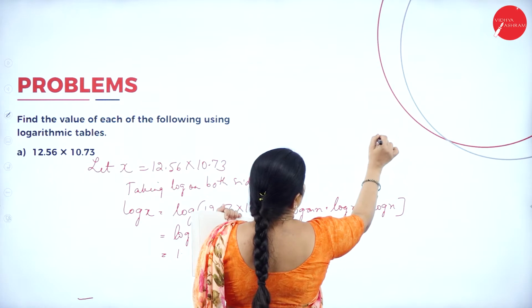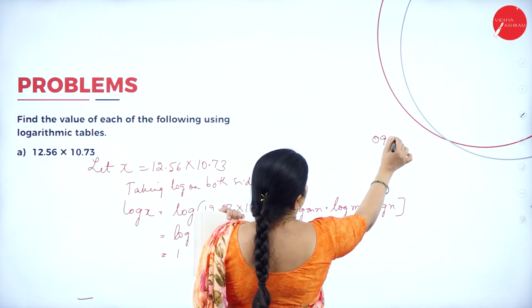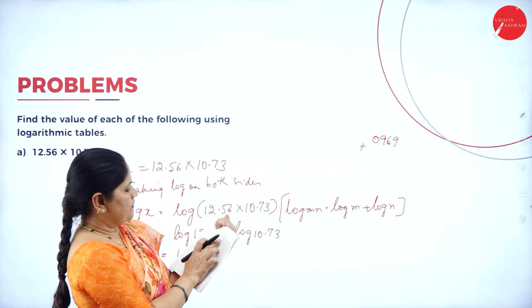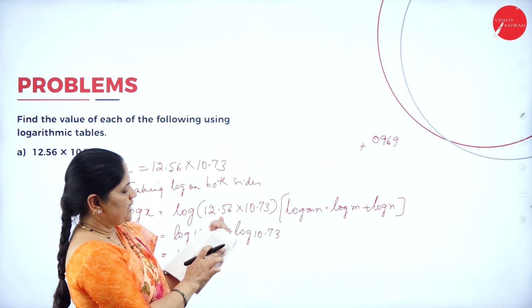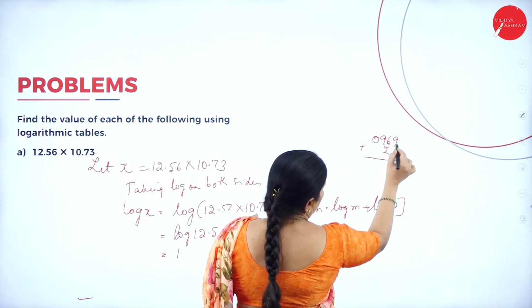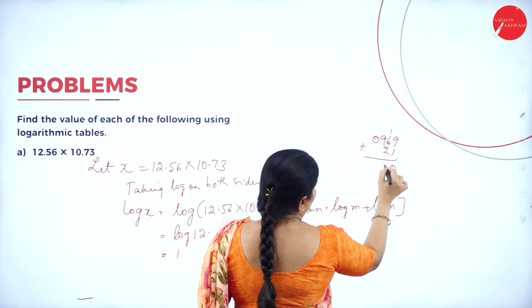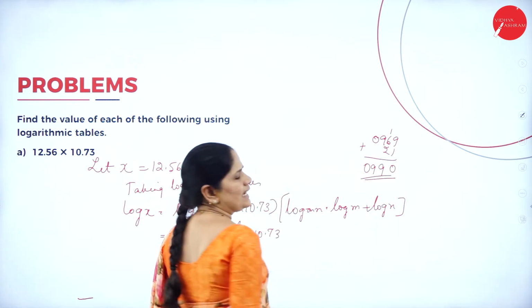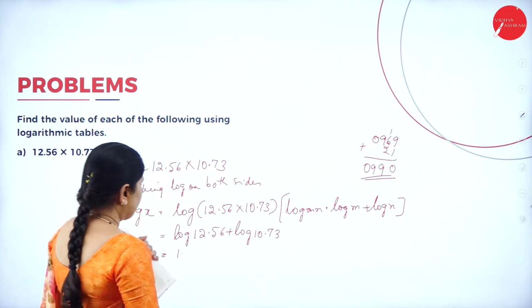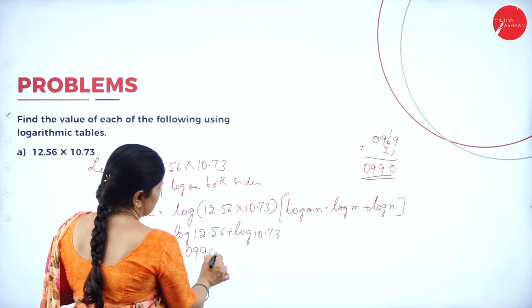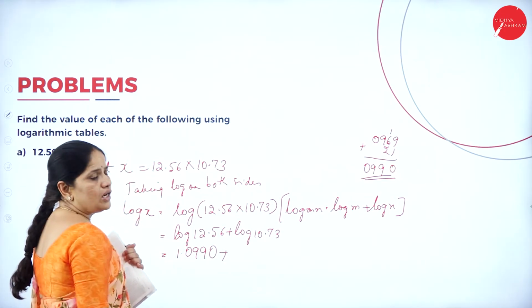So, 0969 plus, for 1256, 21. So, 21 I add it here. 9 plus 1, 10, borrow 1, 9, 9, 0. So, 0990. I will write it here: 0990 plus log of 10.73.